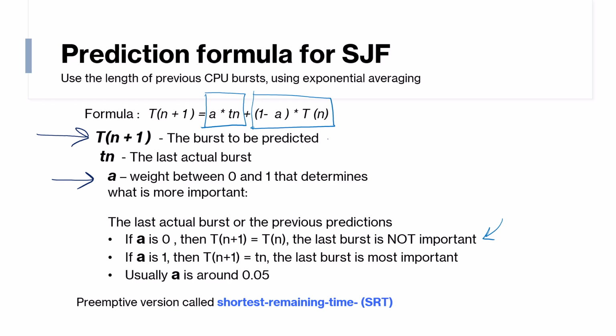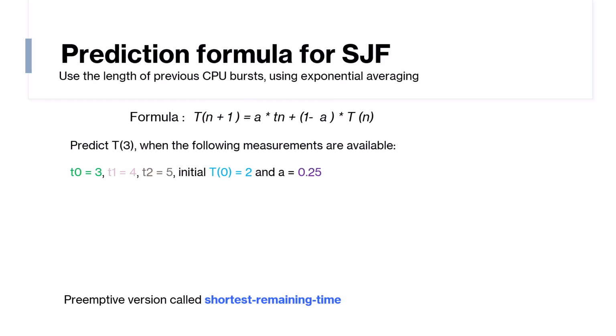So here is a formula. Of course, if you're going to do this exercise, you're going to be given the numbers, and then all you have to do is plug it in. So here, if we have A is 0.25, so it's closer to 0 than it is to 1, that means that this would be 0.75.